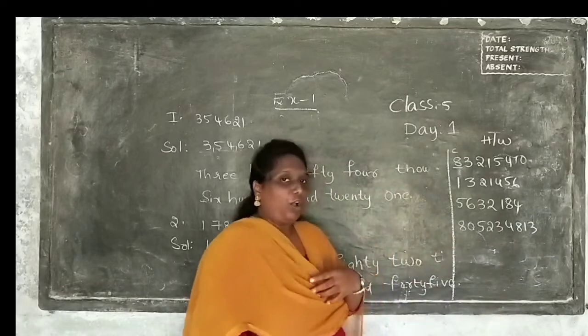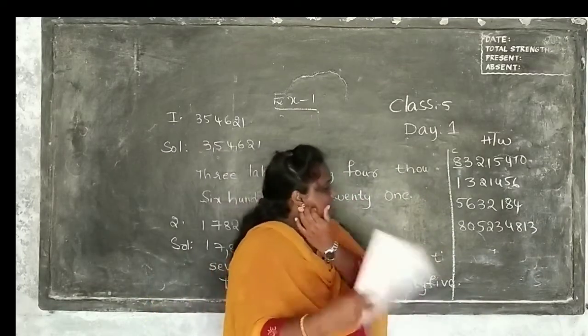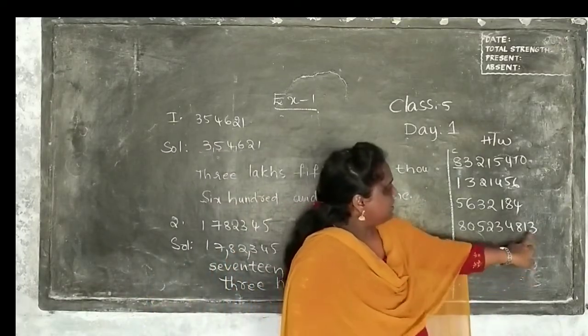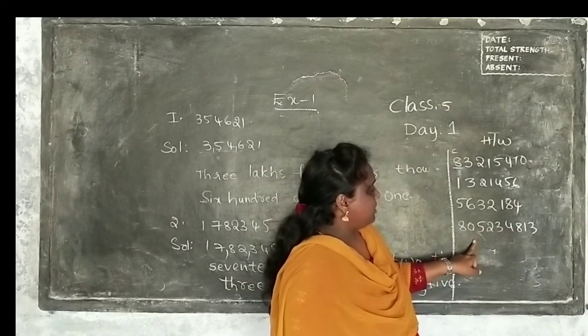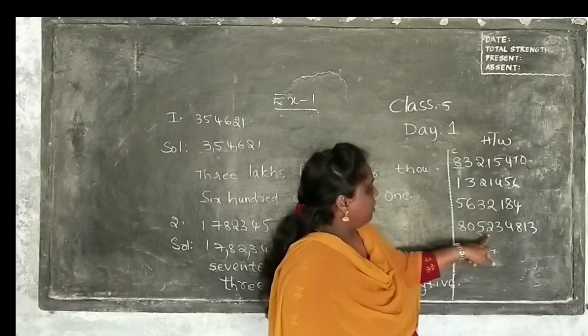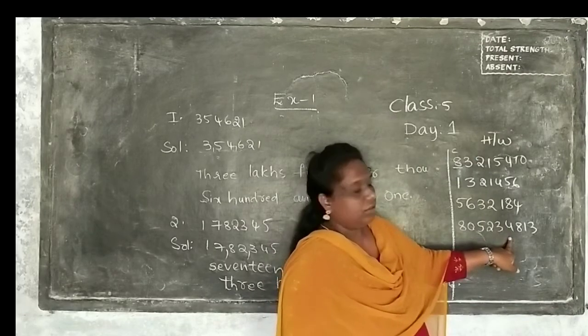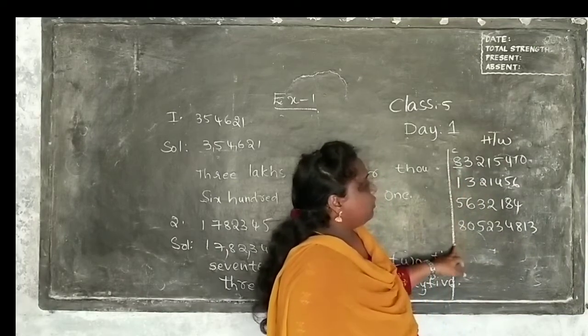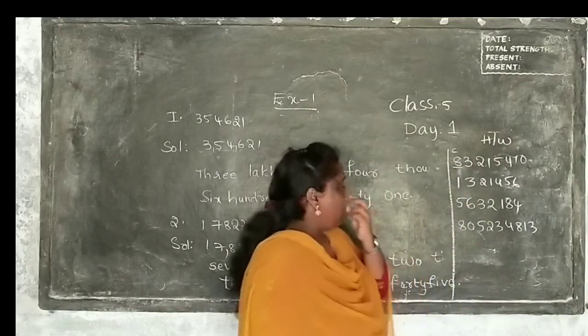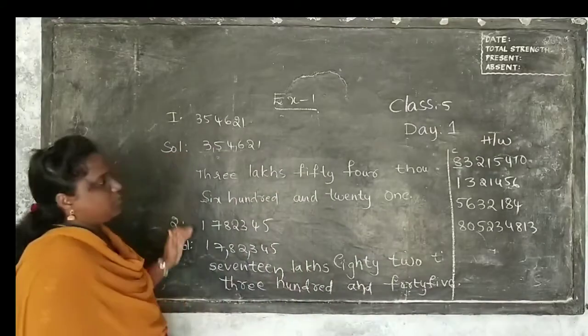Children, I explained already how to write a 10-digit number. See here, first 3 digits after comma, next 2 digits after, next 2 digits after. This is 80 crore 52 lakhs 34,830. So 1, 2, 3, 4. These are the 4 problems along with these 2 problems also.